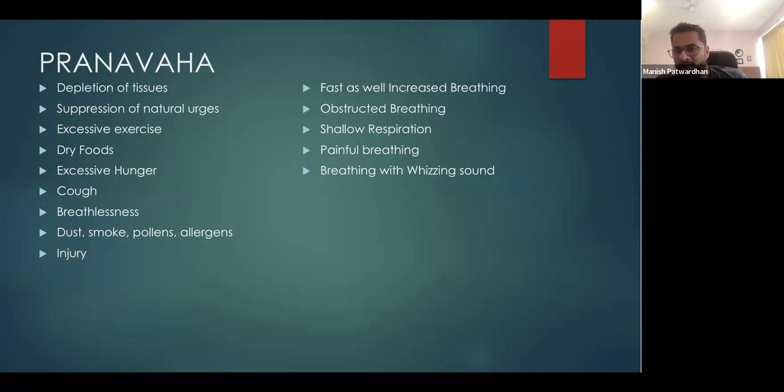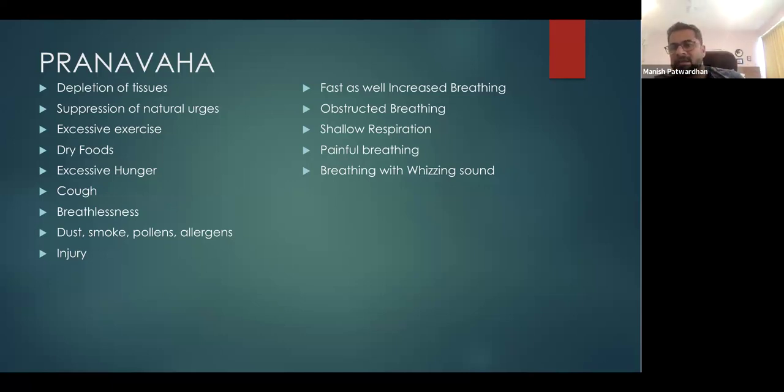So avalambak kapha, present in the chest region, in the lungs, in the respiratory system, lubricates the entire respiratory system. As an example, I had said when I taught last time at the retreat, that around the heart there is a covering called the pericardium, and inside it there is a fluid called pericardial fluid.